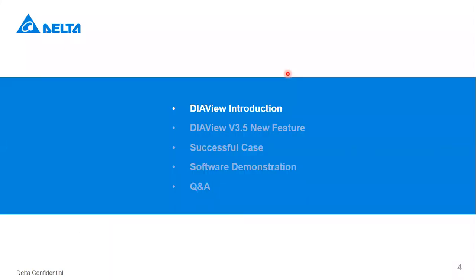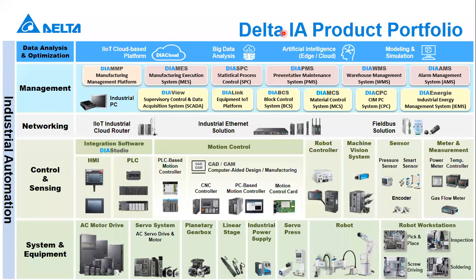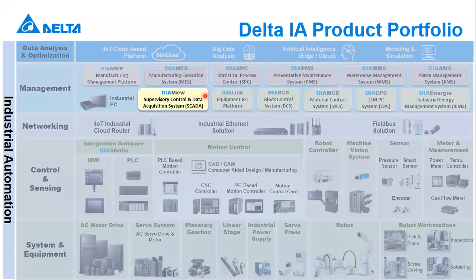Okay, introduction. As you see, this is the whole Delta Industrial Automation product portfolio. And today we focus on DIAView, which is a SCADA software, Supervisory Control and Data Acquisition System. For my understanding, the first thing SCADA software does is central monitoring.